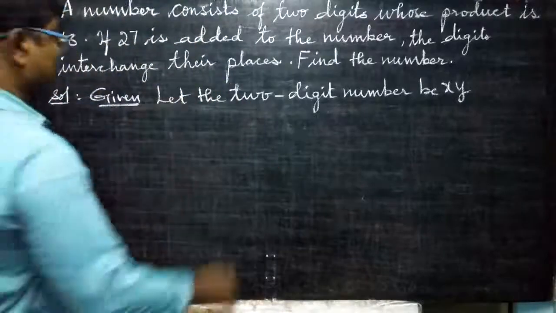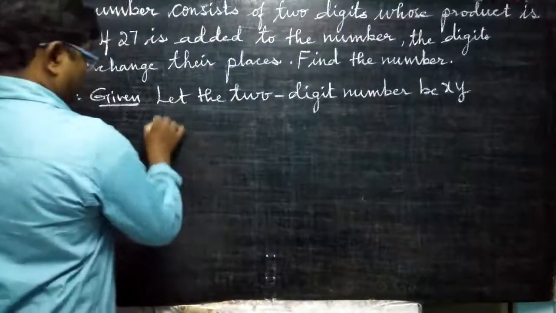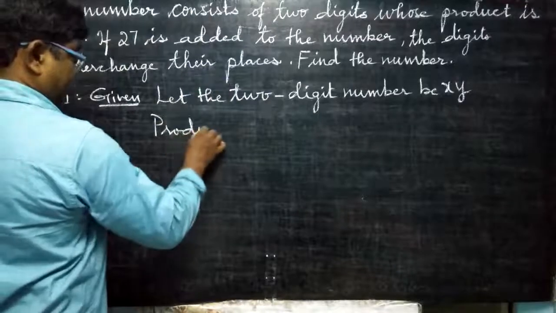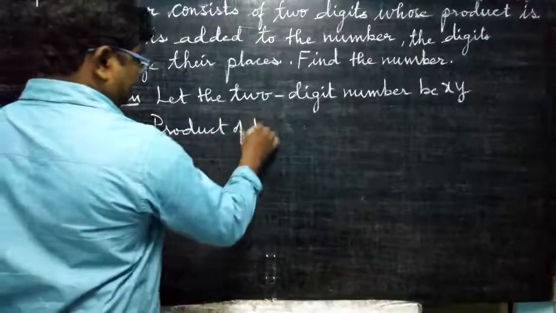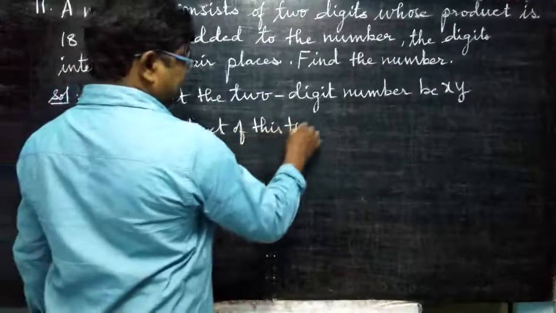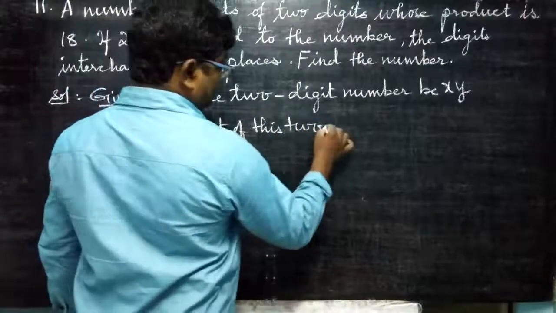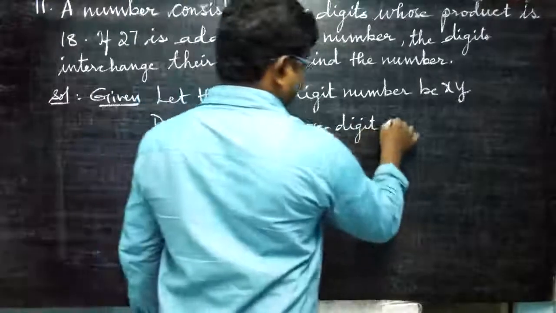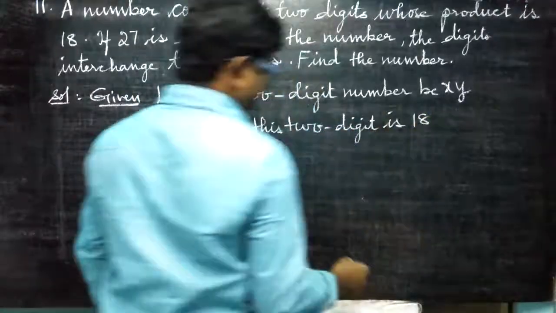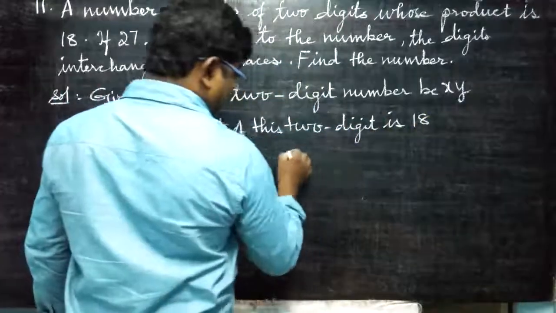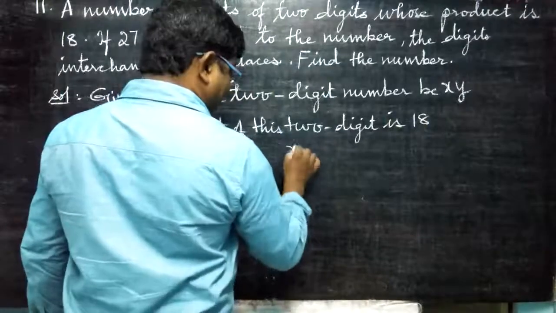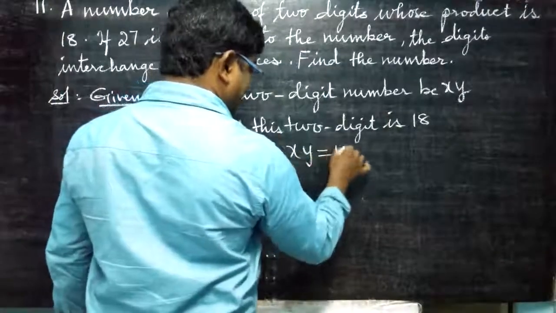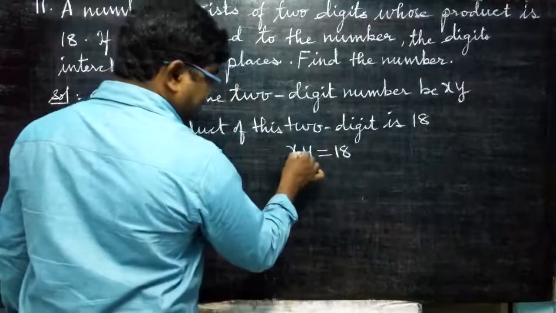Now next, what did they tell? The product of this two-digit number is 18, they told. So the meaning of this is x y is equal to 18. x into y.